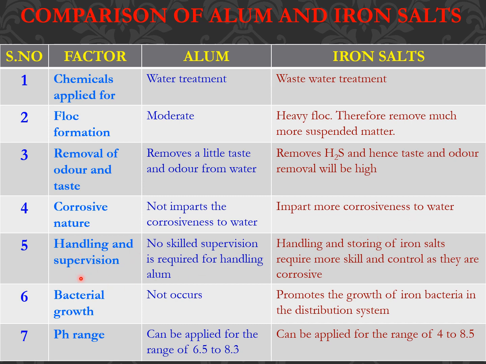Okay. Handling and supervision: for alum, we do not need much supervision and skilled laborers are not required. But in handling iron salts, skilled labor will be required because they tend to be corrosive. Bacterial growth does not normally occur with alum, but iron salts promote the growth of iron bacteria in the distribution system. Okay. The pH range for alum is 6.5 to 8.3, and for iron salts it is 4 to 8.5.